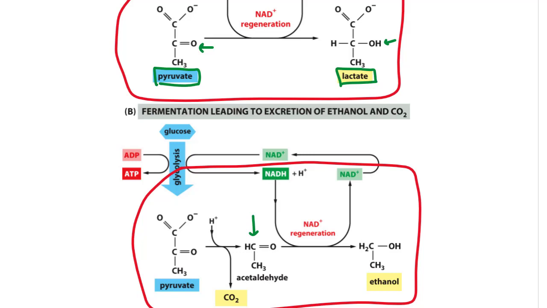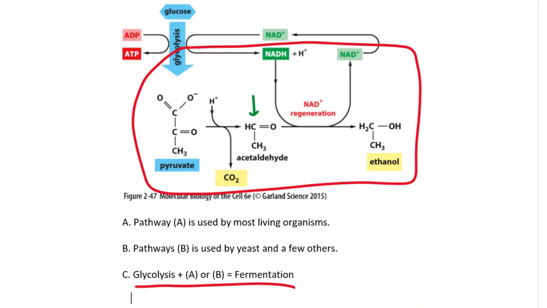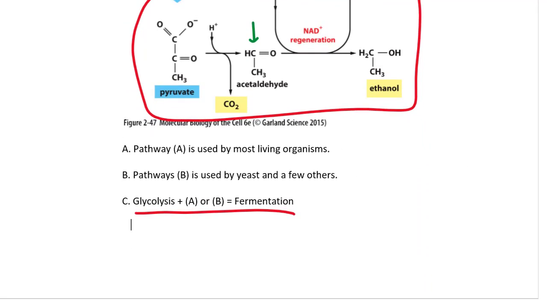That is an incorrect answer. Why? Because if it was just glycolysis, the cell would run out of NAD+, and no more ATP would be made. And if there's no more ATP, the cell can't maintain its structures, and it would fall apart and die. So it is glycolysis plus one of these reactions, and that is called fermentation.